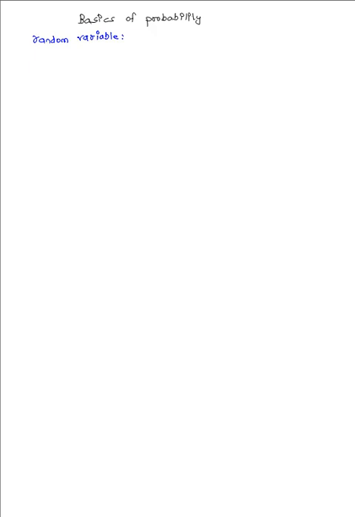But whenever the possible outputs of an experiment are mapped to some real numbers, then it is called a random variable.